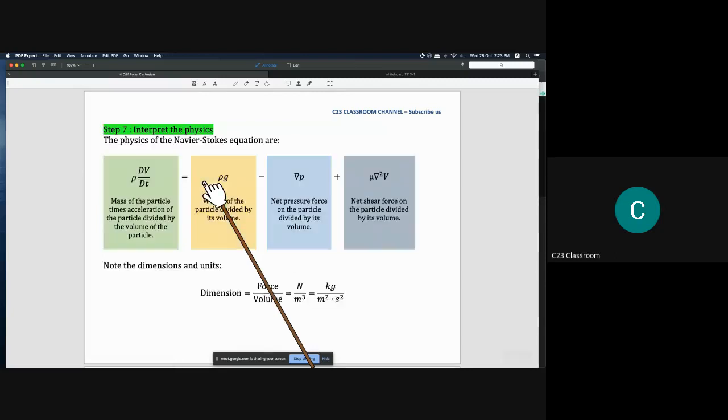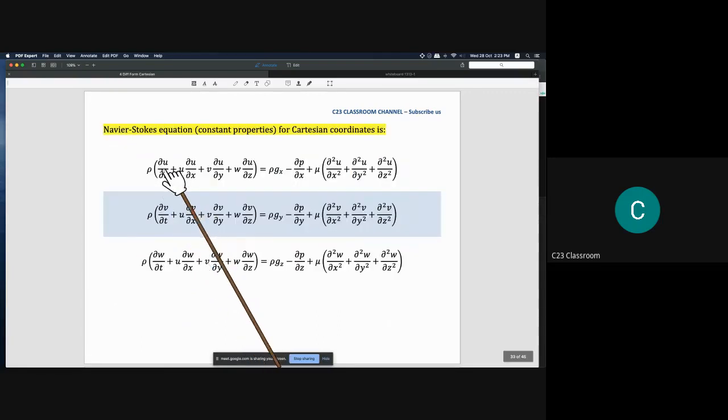If you realize, in this term we use capital D and capital V. The meaning of capital D here is the summation of del dt, del x, del y, and del z. And the capital V there is actually the velocity value of u.